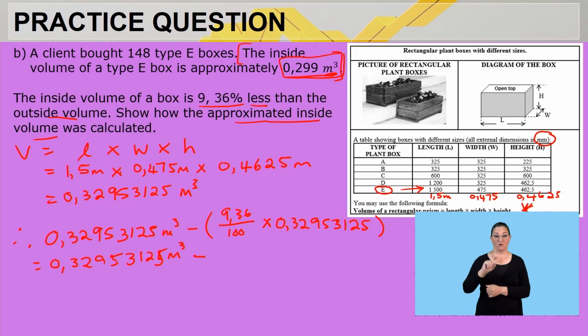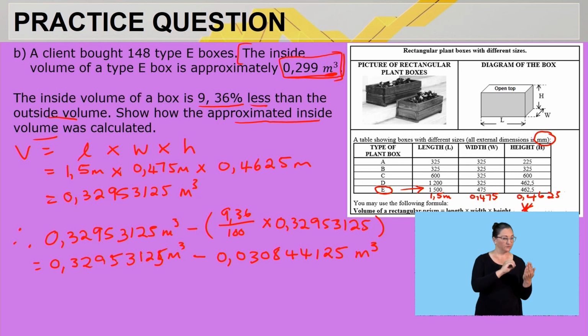So that will give us an answer of 0.030844125, and this is cubic meters.